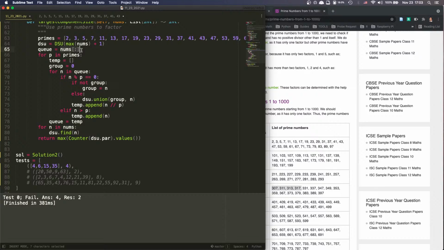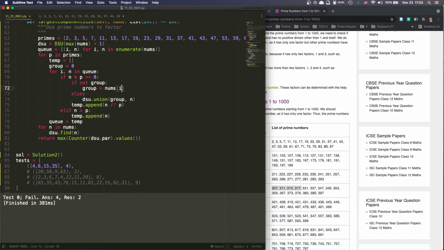So Q is not this. Q is going to be index n for in enumerate nums. Right? And then there's going to be for in Q. Blah, blah, blah, group. And that's not equal to n.